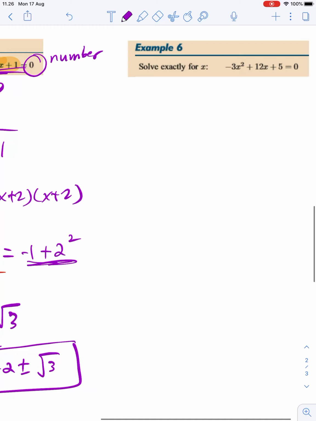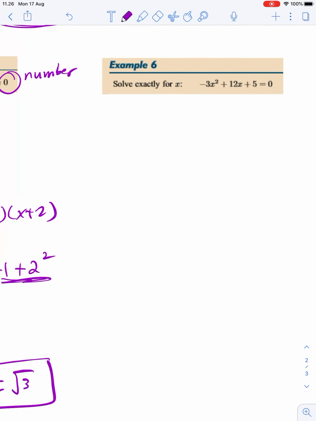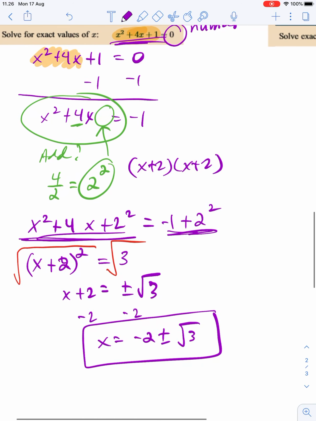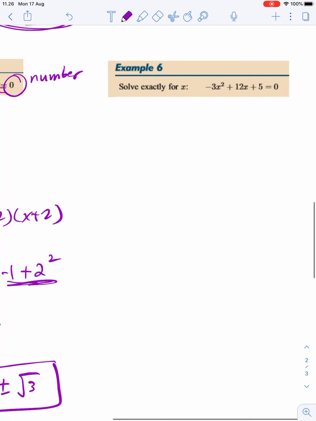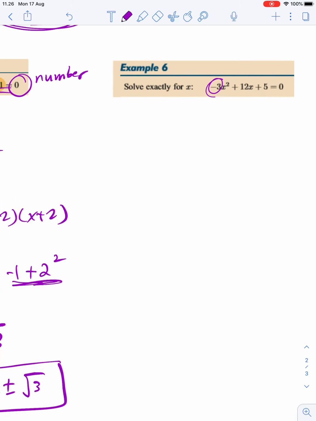Now over here, I want to make sure we're clear, guys, that I can do the same procedure to complete the square, but on this one, you have to make sure the coefficient of x squared is always 1. So a equals 1 to complete the square.